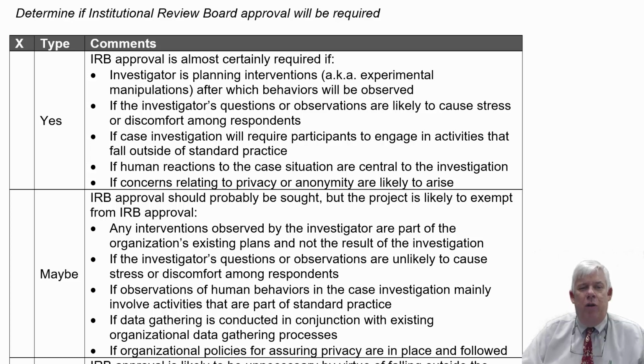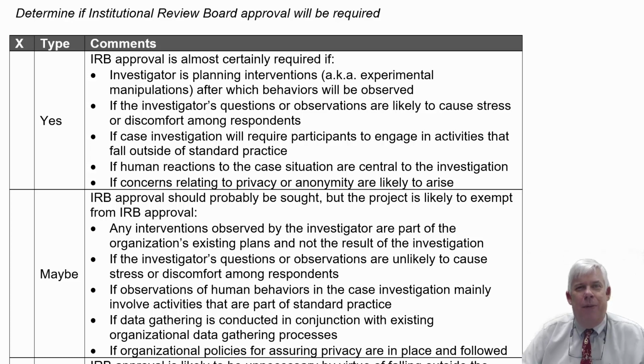Now, if the case investigation involves getting people to do activities that are outside of standard practice, this will be another major concern of the IRB.